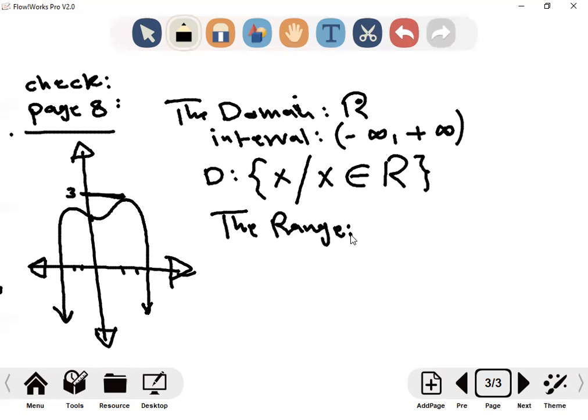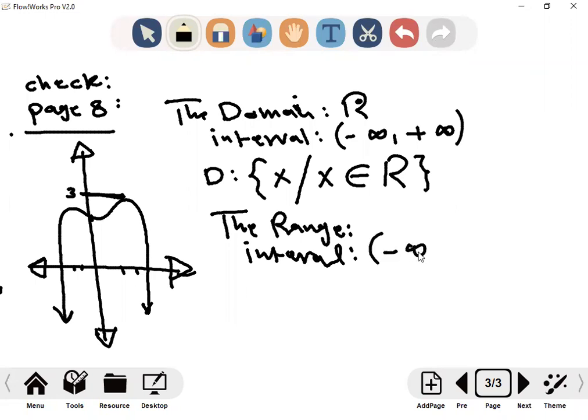Not whole R. So here, I'll write it as interval from 3 to negative infinity, right? But we always start from the left to right and from down to up. So I will say from negative infinity to where? To 3. Is 3 included? Yes. So I will write it like this.